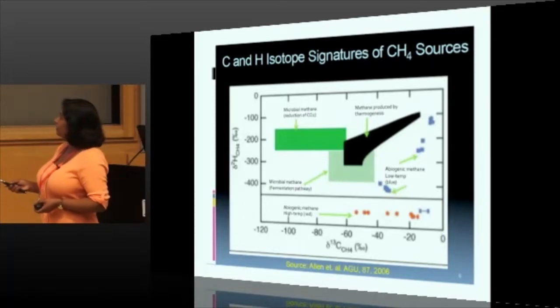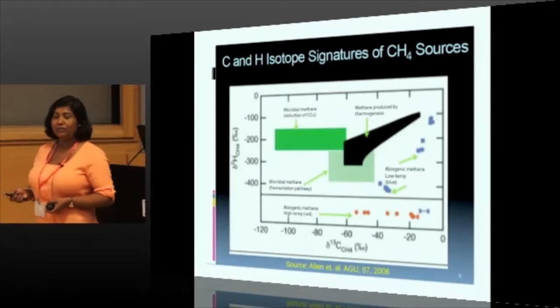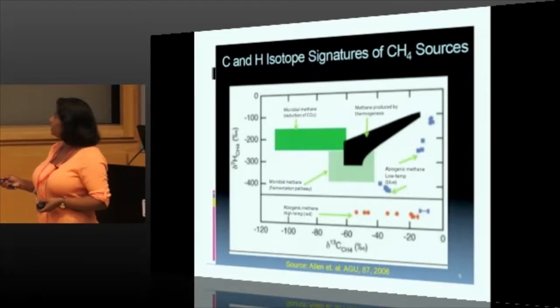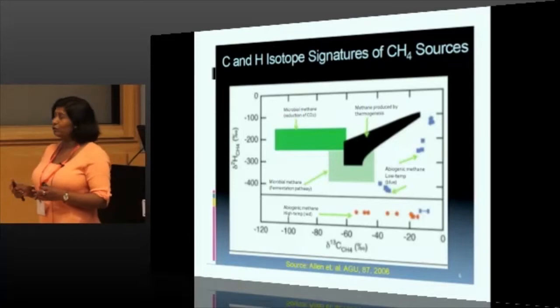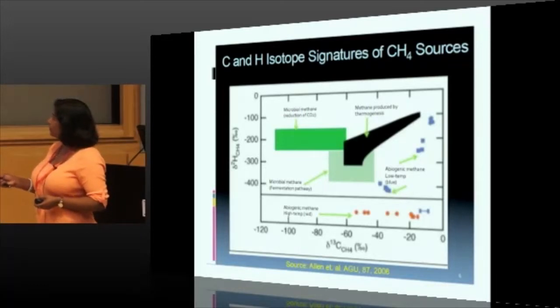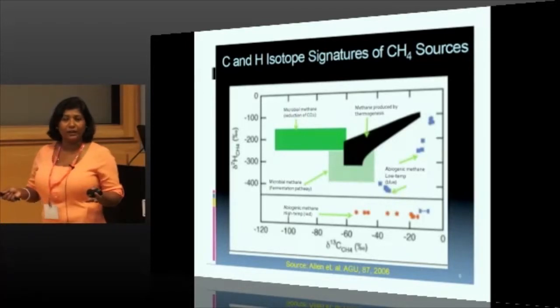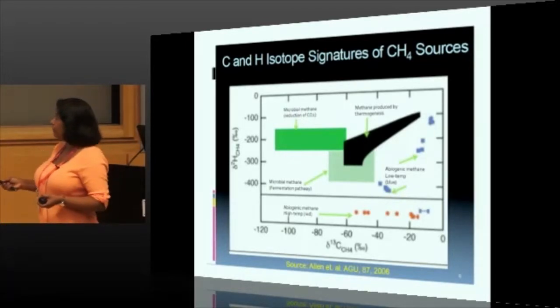This graph is called a CD diagram, and in this diagram you can see that methane produced by reduction of carbon dioxide is isotopically lighter than methane produced by the fermentation pathway. You also see that methane produced by thermogenesis and methane produced by abiotic processes at high temperature and low temperature have similar carbon isotope data, but they differ significantly in hydrogen isotope data.